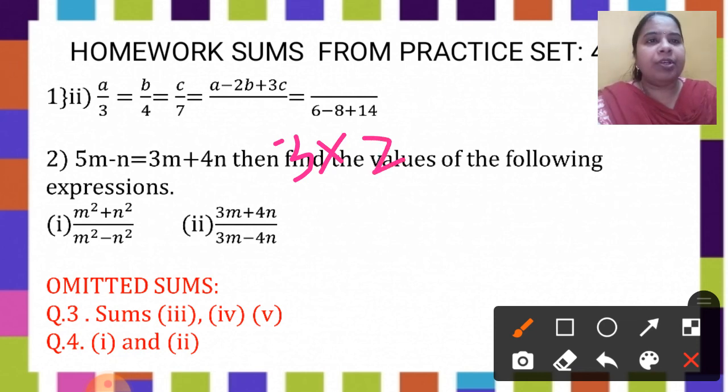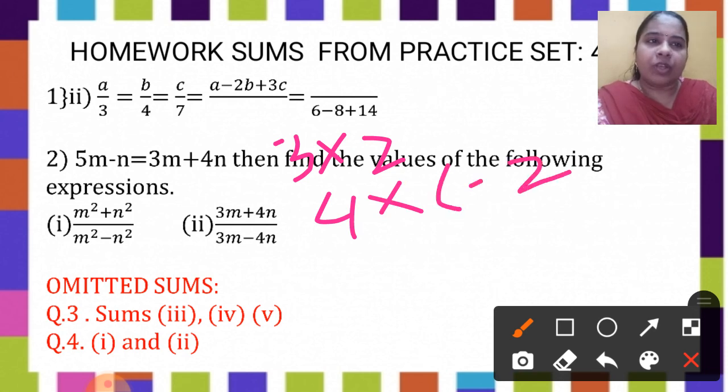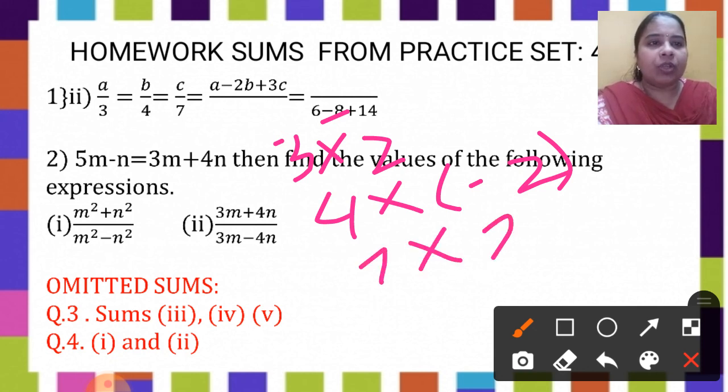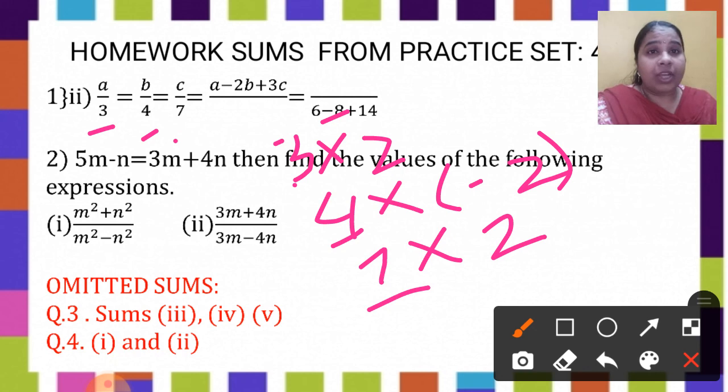Then 8 can be written as 4 into minus 2, because I want minus 8, correct? And 14 can be written as 7 into 2. Now I hope you have understood this. See, this 3, 4 and 7 I have here, but in that place I want 6, minus 8 and 14.